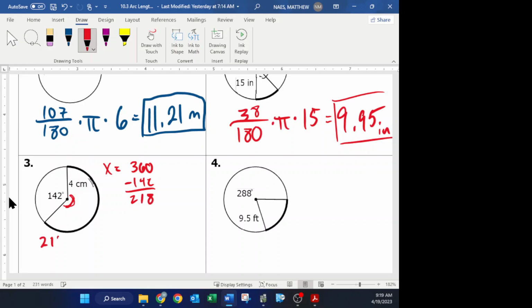So 218 over 360 times pi times the given radius of 4. And again, I think we should know how to put that in the calculator. So that is going to be 15.22 centimeters.